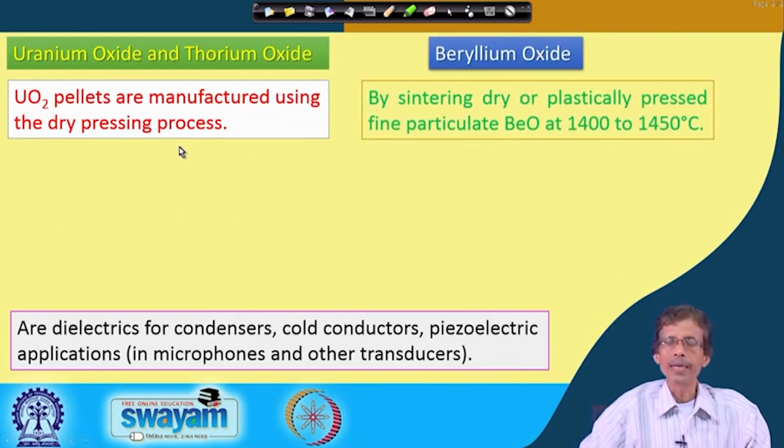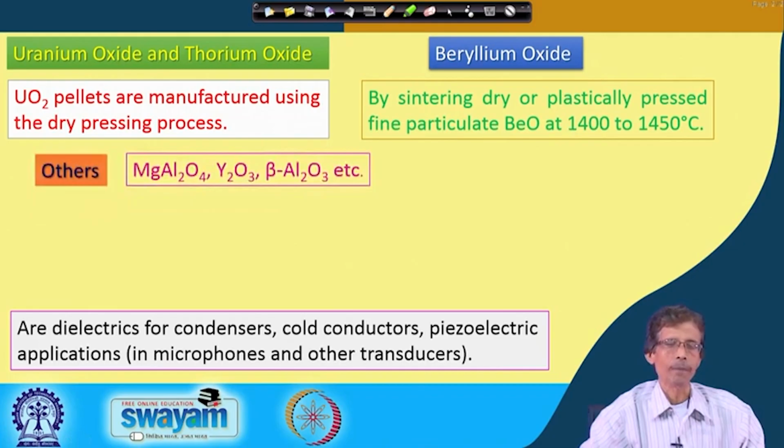Then beryllium oxide. Beryllium oxide can also be made by a sintering process, which can be dry, and it is plastically pressed from fine powders of beryllium oxide. So, beryllium oxide, BeO, at a very high temperature of 1400 to 1450 degrees centigrade, gives you the corresponding ceramic material.